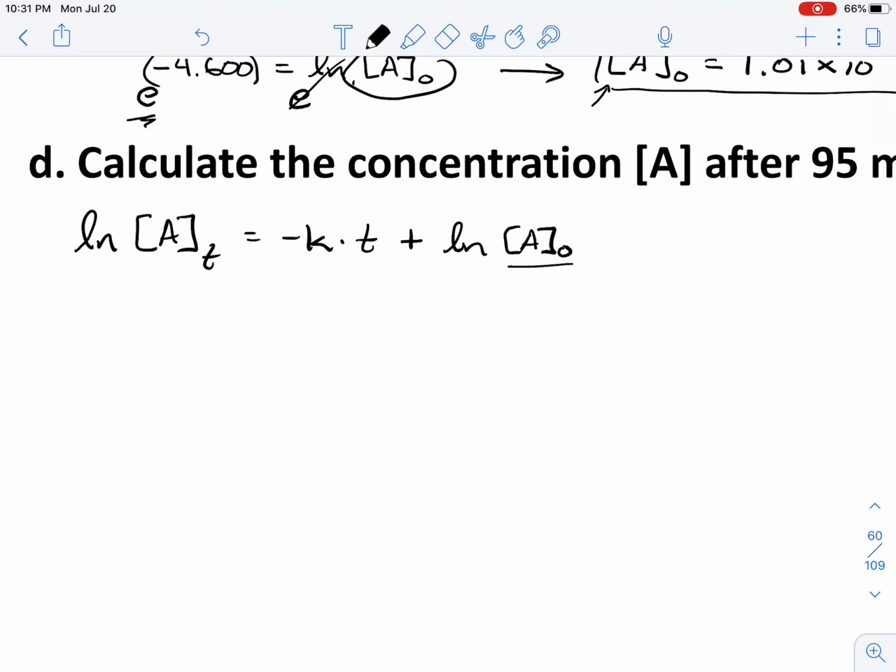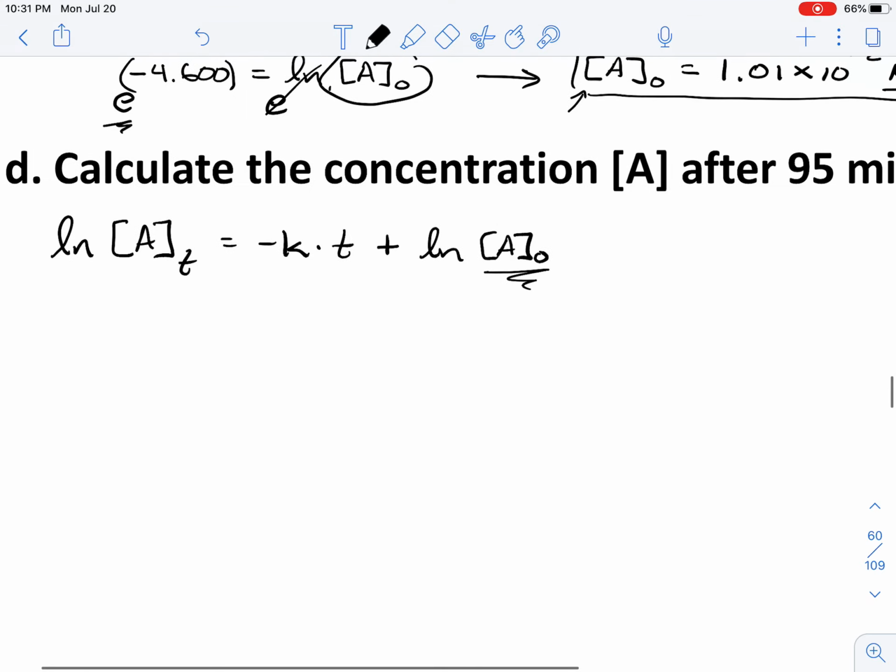And so now that we know the initial concentration of this reaction, we can now solve for the concentration of reactant A at any time period.